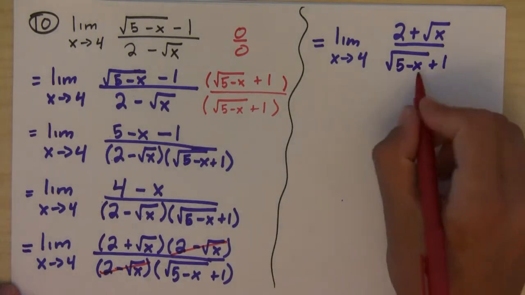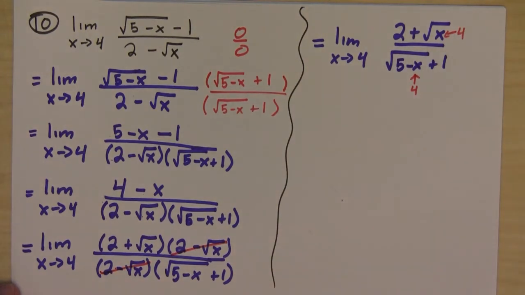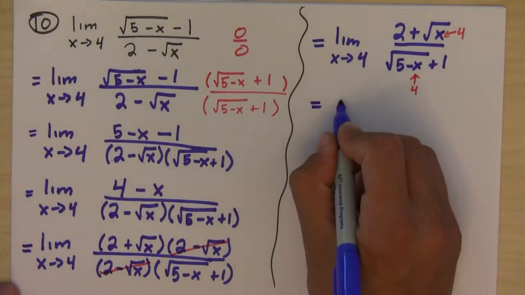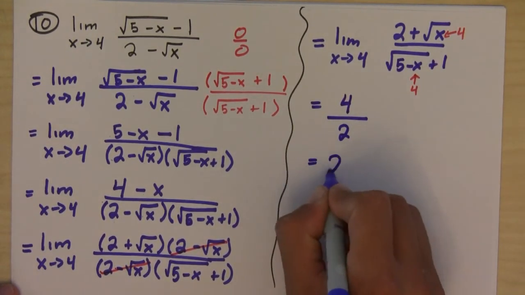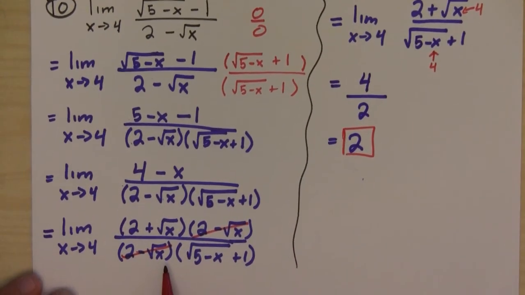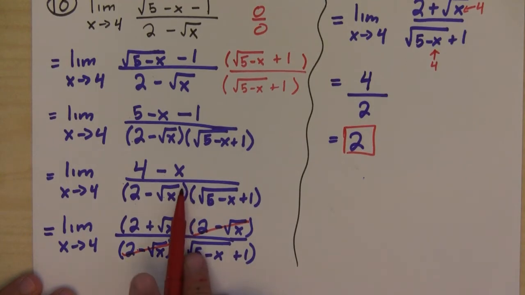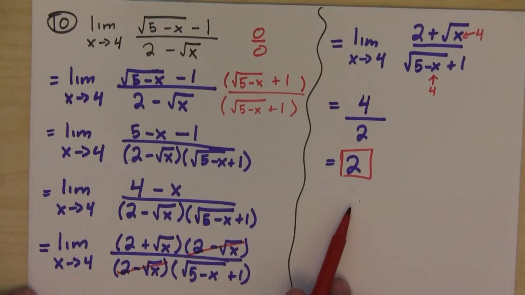Okay, now if I plug in 4, now what I would get is, on the numerator I would get 4, and on the denominator I would get 2, so this is equal to 2. Now that's one way of doing it, or if we go back here to this step, another thing we could have done is multiplied by the conjugate of this guy, and we would have gotten a similar result. But this just seemed easier right now.